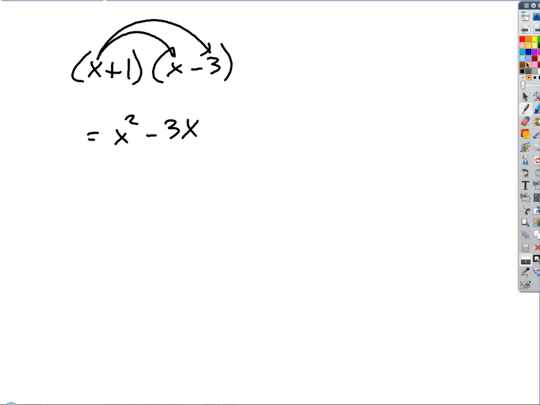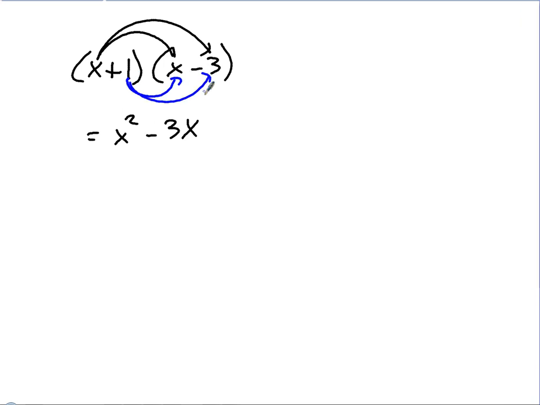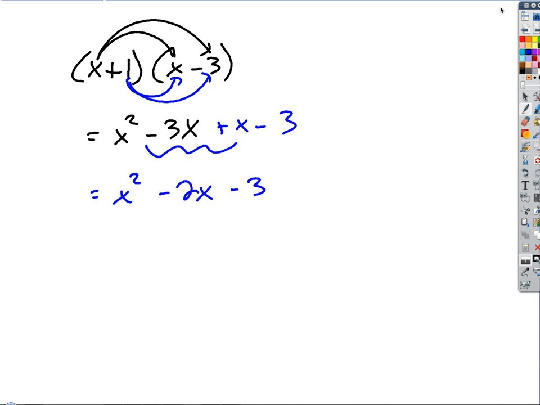And then we took the 1 and we distributed that to both terms, and we got x minus 3. And when we combined like terms, x squared is different, but the two x's are like terms, aren't they? So I can combine both of those to get x squared minus 2x minus 3. Okay, and so we're able to say something like this then.